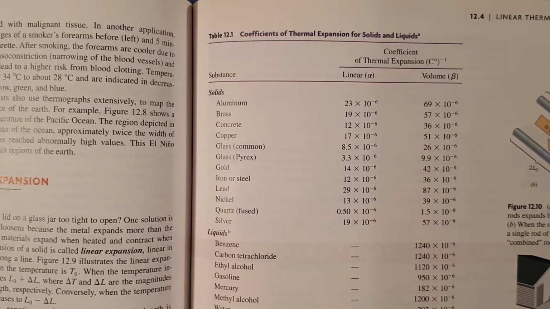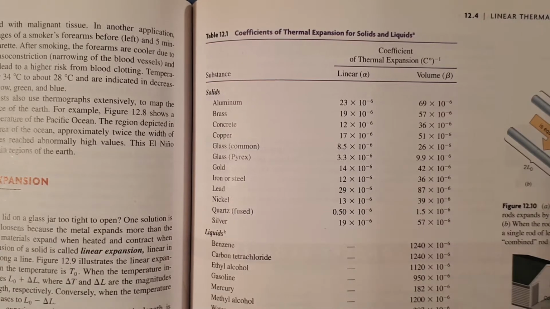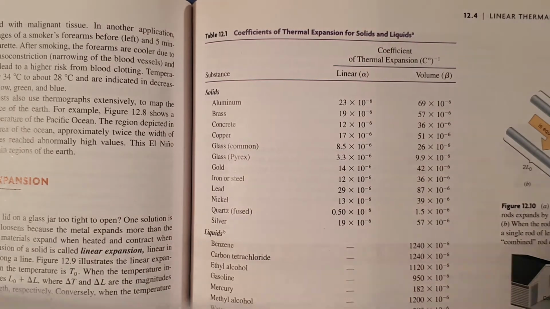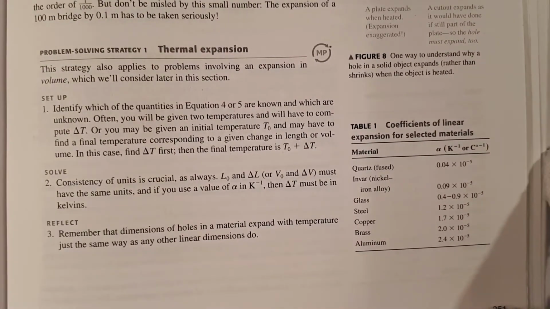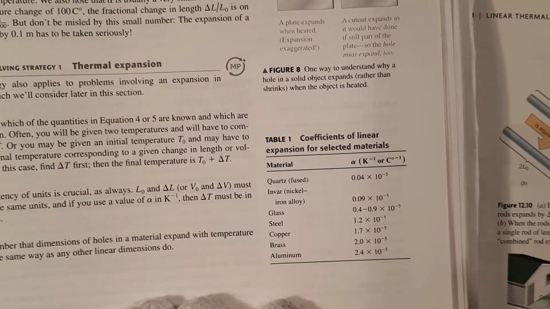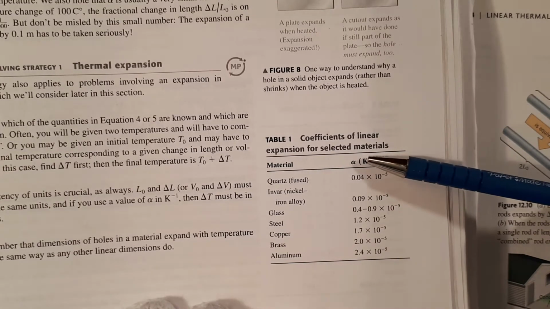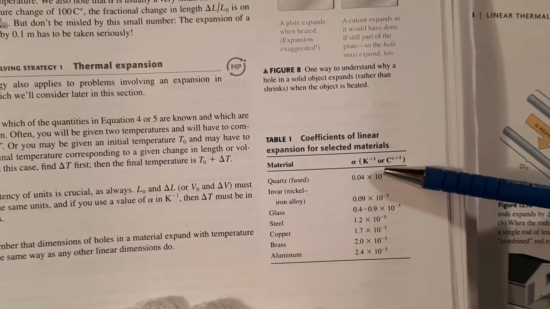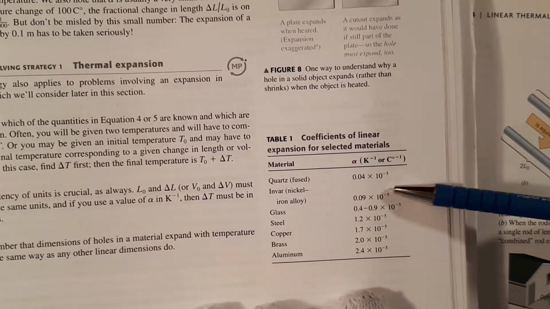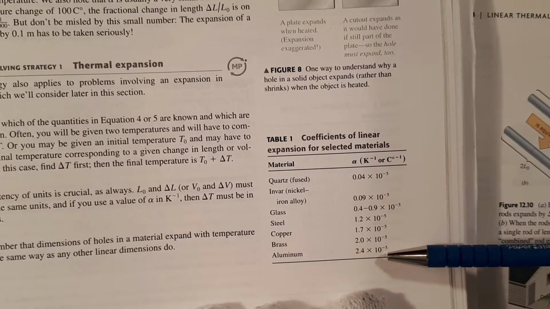Let's have another look at another text here. And here is alpha, coefficient of linear expansion, yet again. Same materials, and here are the values. You'll note here it's all 10 to the minus 5.